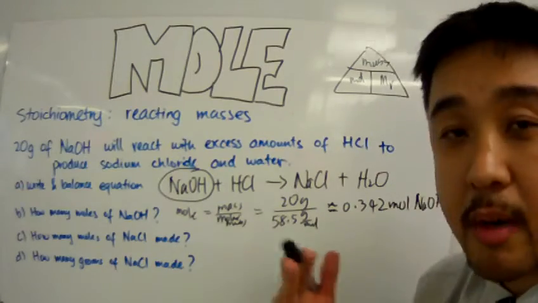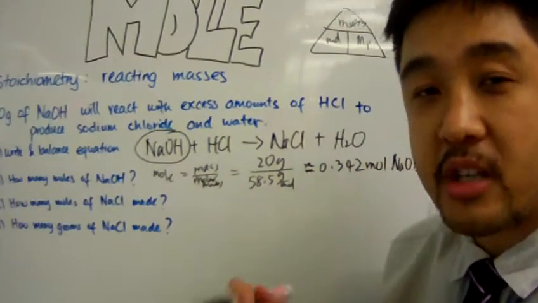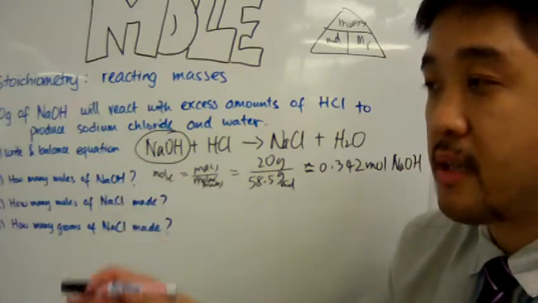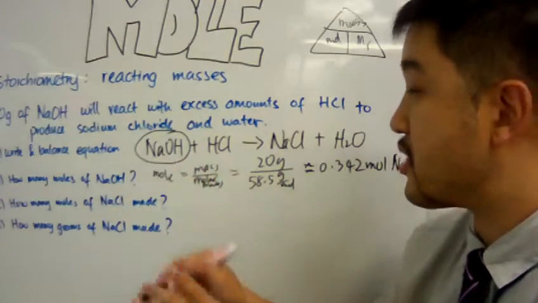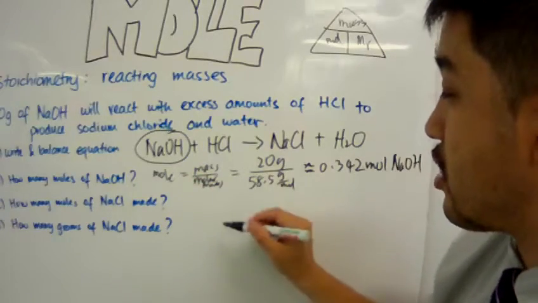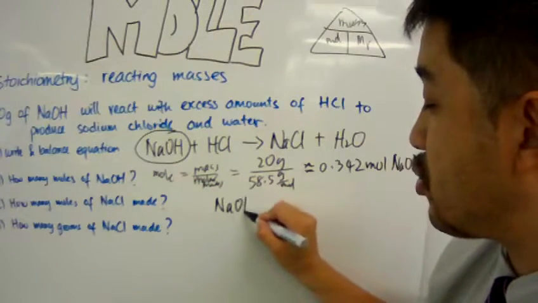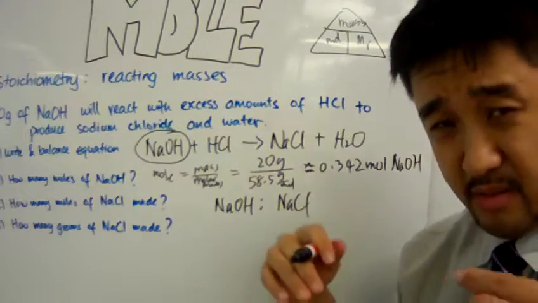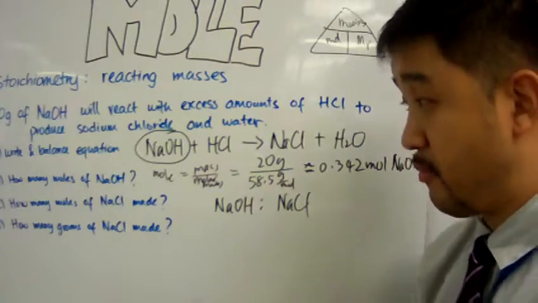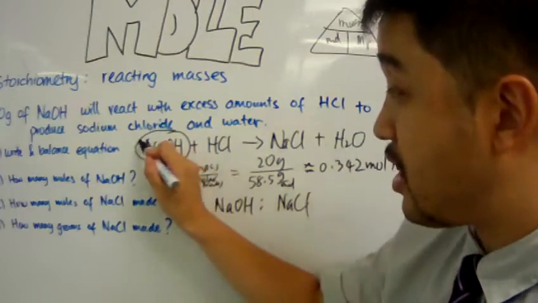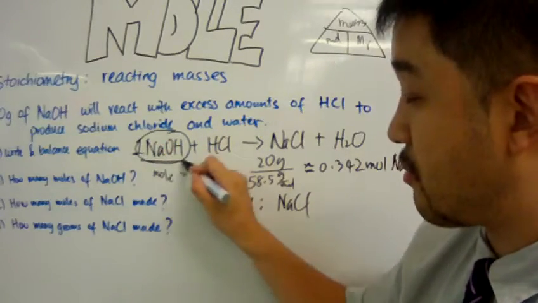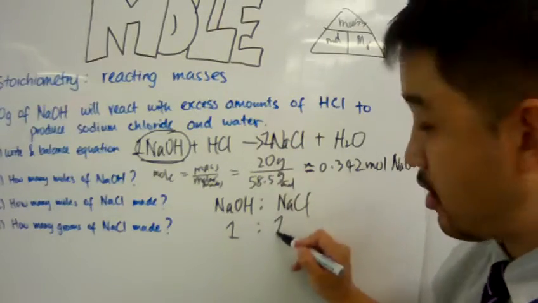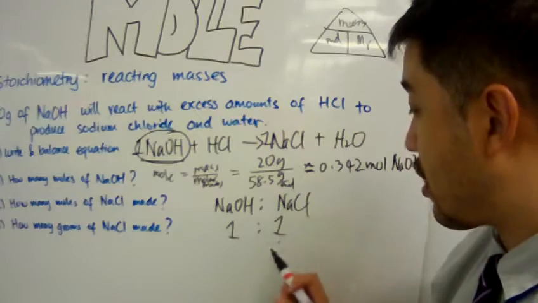To do that, you need to know the mole ratio between sodium hydroxide and sodium chloride. You get that from the balanced equation: 1 mole of sodium hydroxide reacts to give 1 mole of sodium chloride, so it is a 1-to-1 relationship.